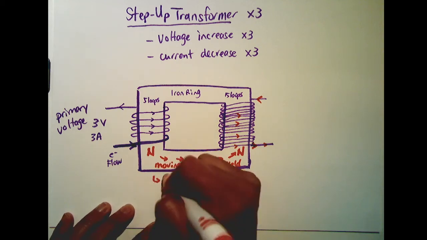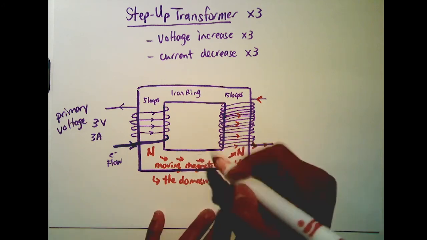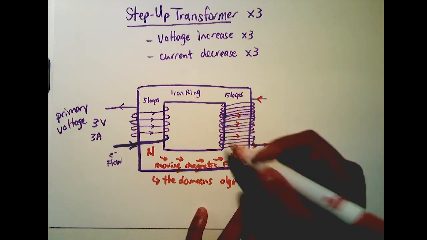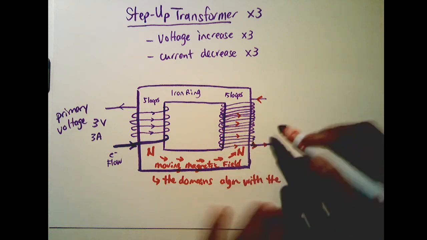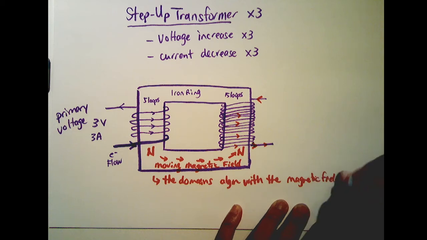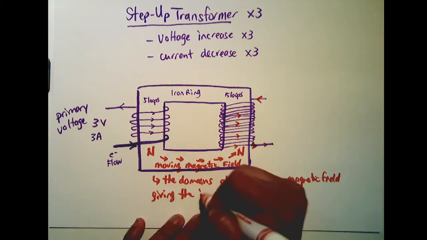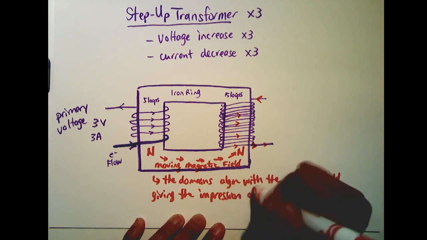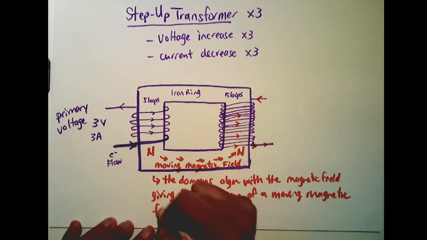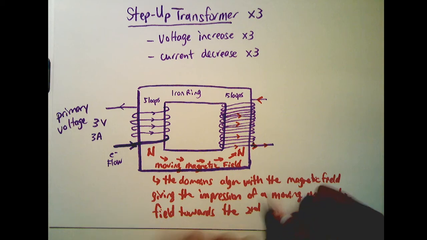Okay, and essentially the domains all align with the magnetic field, giving the impression of a moving magnetic field towards the secondary coil.